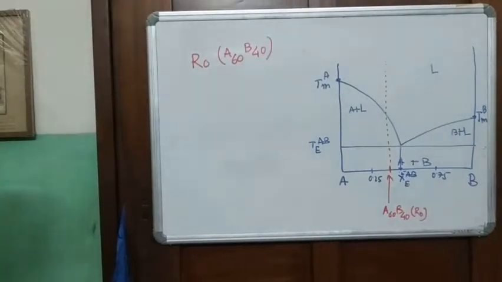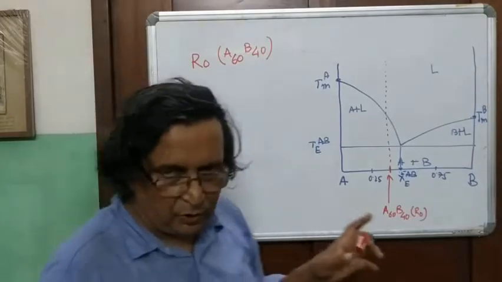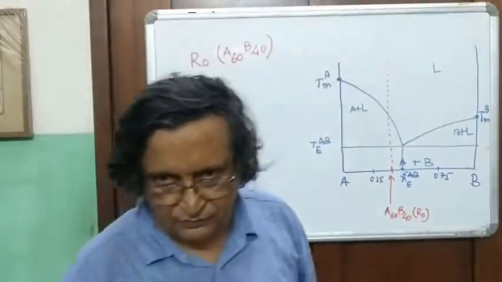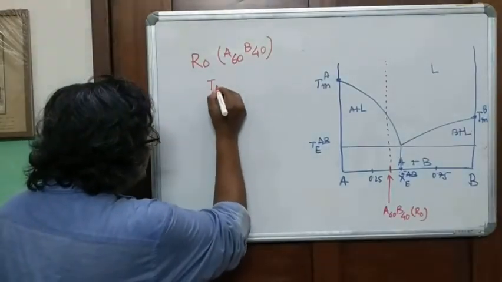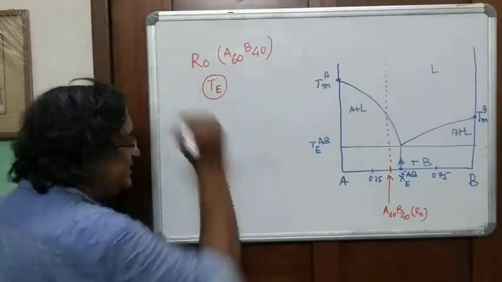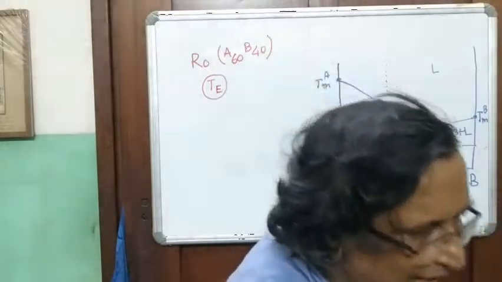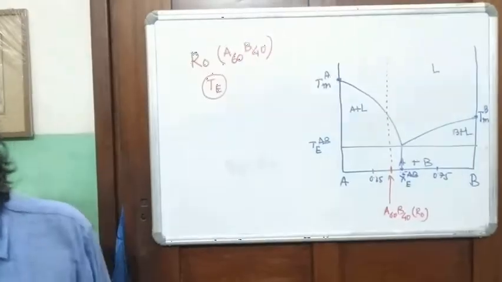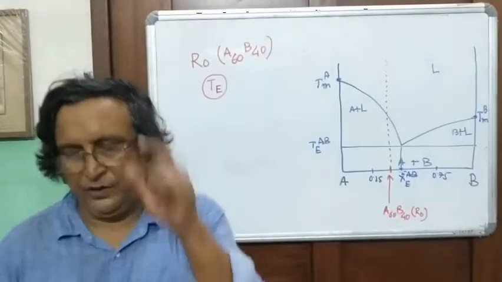If a rock comprises pure A60 and pure B40, at what temperature will the rock melt? The answer is that it will melt when we have reached the temperature TE. That is where melting will occur. When we reach the eutectic temperature, melting will occur.